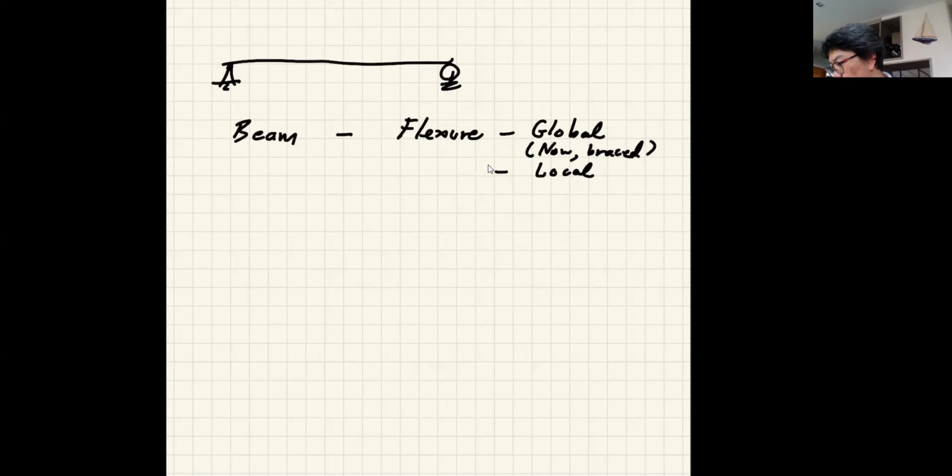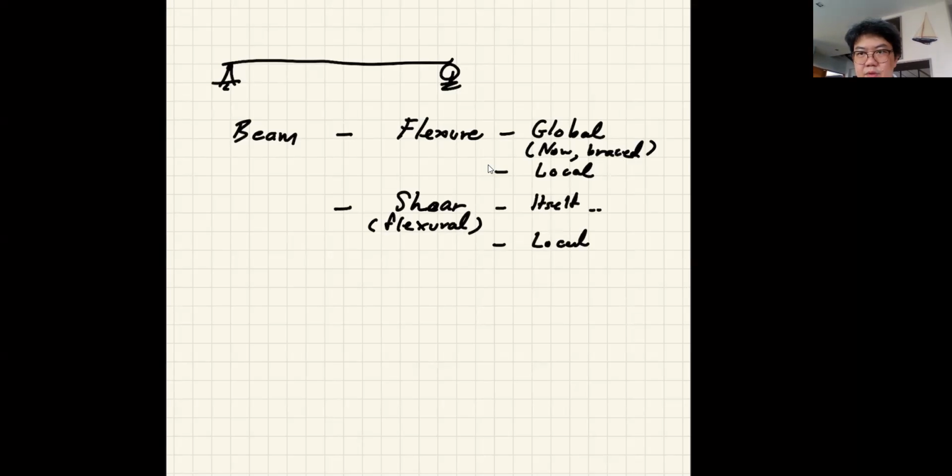And the second is, of course, shear. Now you should know when we talk about shear, generally we would mean flexural shear. Okay, and then it's the shear itself and the local buckling under shear as well.